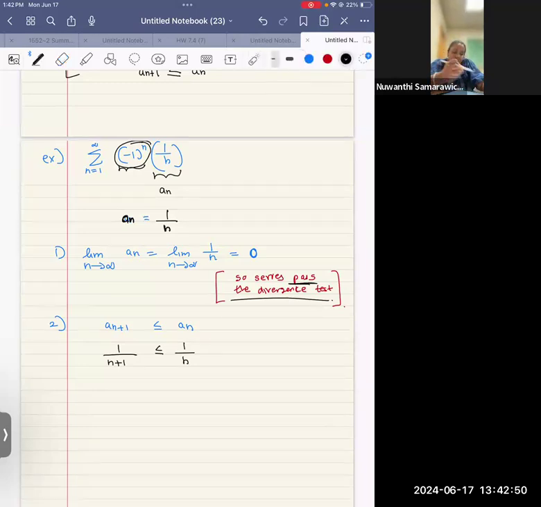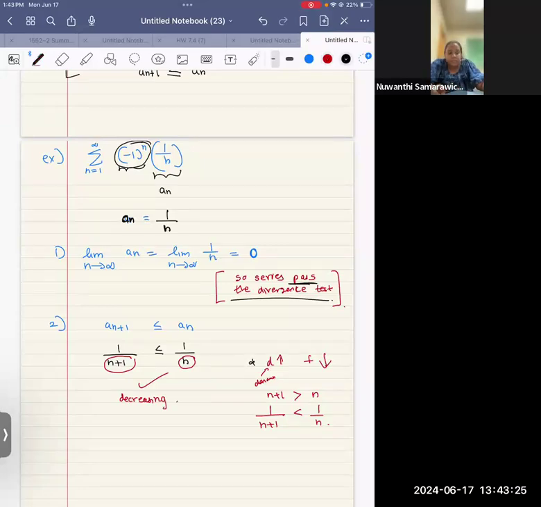This is true because, remember we did in the beginning, if the denominator increases, your fraction decreases. Here n plus 1 is greater than n, so 1 over n plus 1 is less than 1 over n. So this sequence is decreasing.